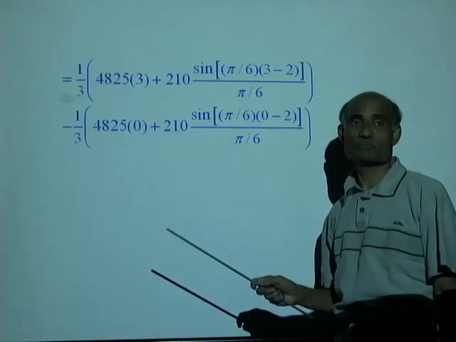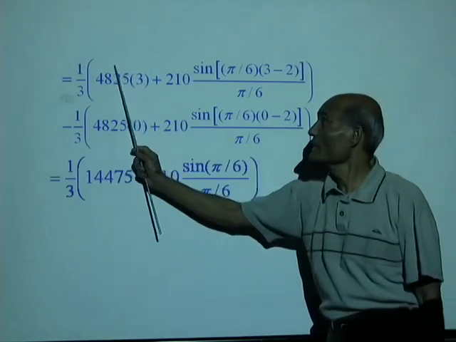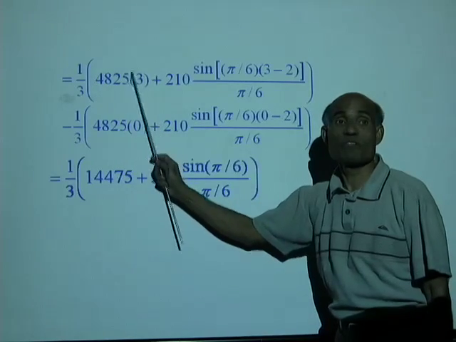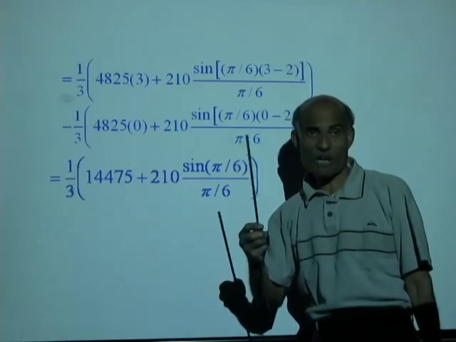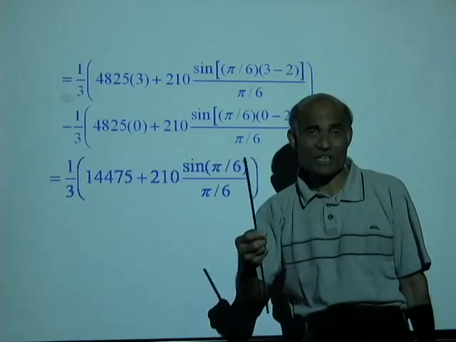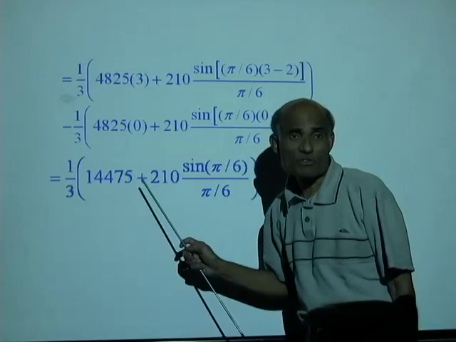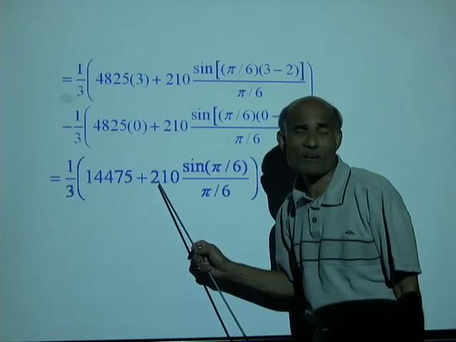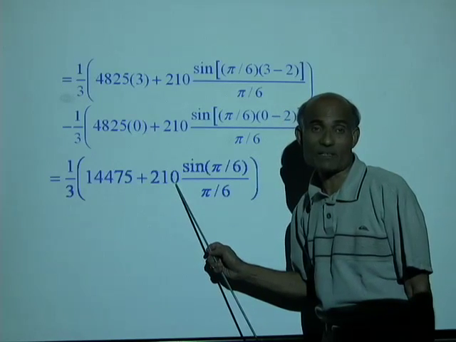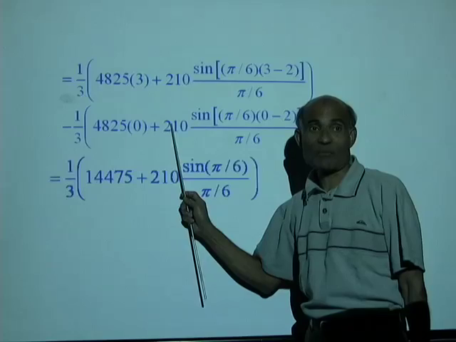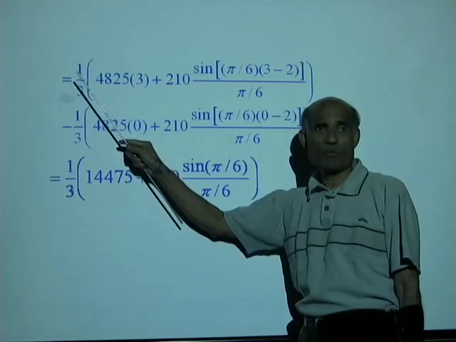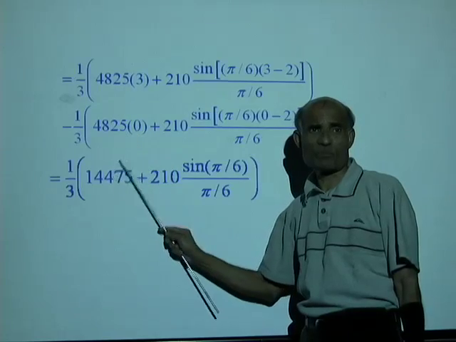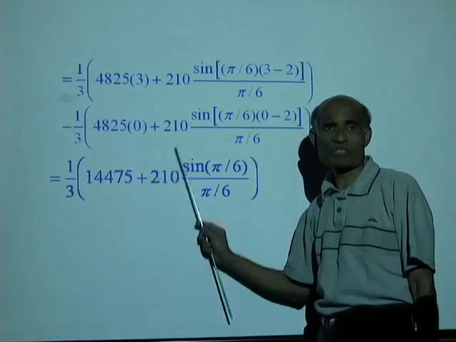Now, what does that give you? That will be 4825 times 3 is this. As I told you, very often I make small mistakes, and it is your job to locate and tell me where such mistakes are made. Alright? Let's first do the upper part. It'll be 1/3, this number, plus 210.